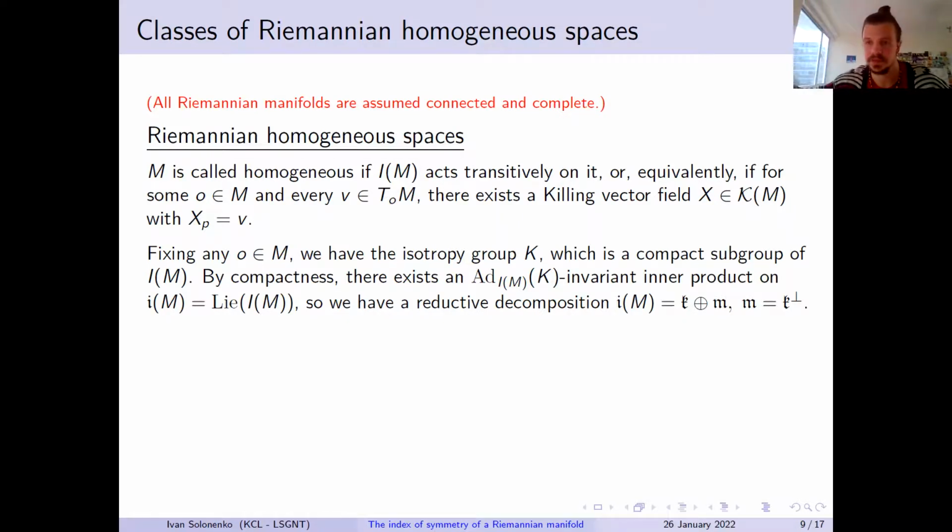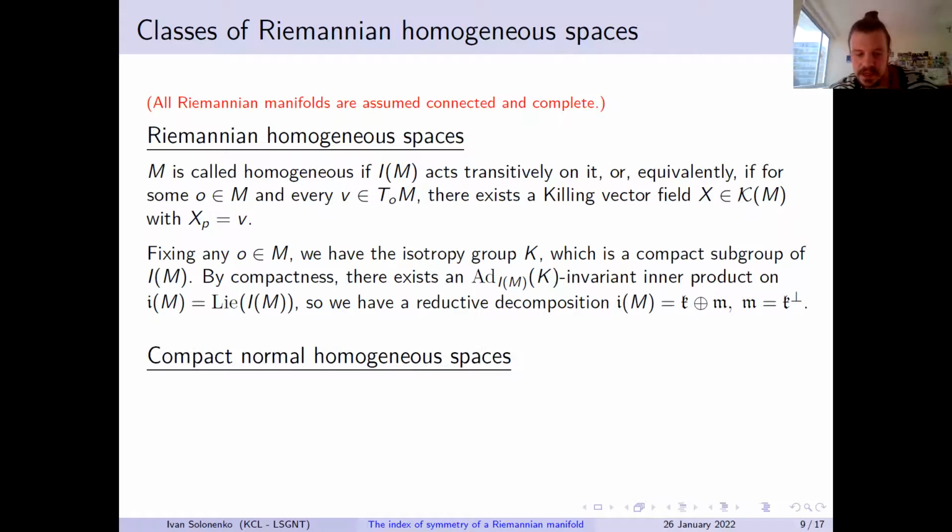This is called a reductive decomposition. So it facilitates a lot of computations for homogeneous spaces to just Lie algebras, because you can just look at some adjoint actions and adjoint representations. So this is the general thing for many homogeneous spaces. They're all reductive, but still it's not sufficient.